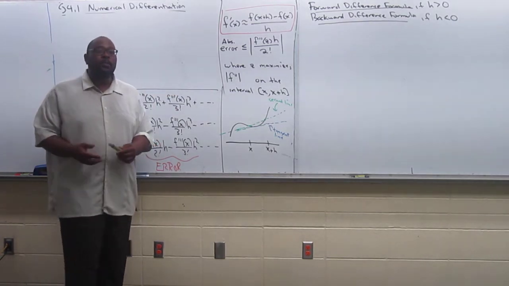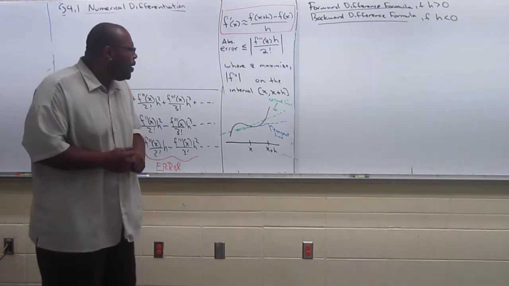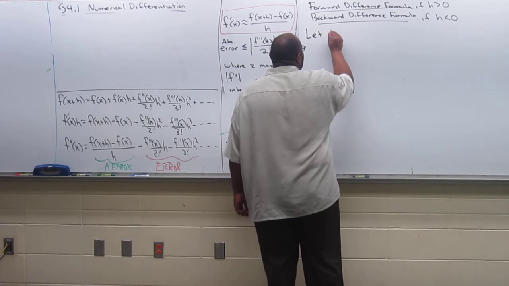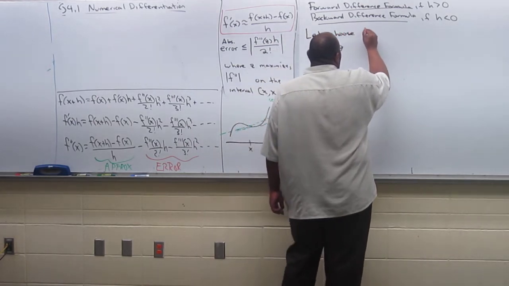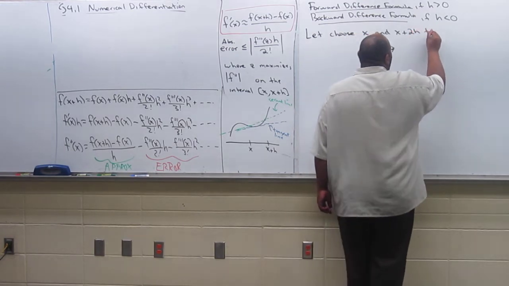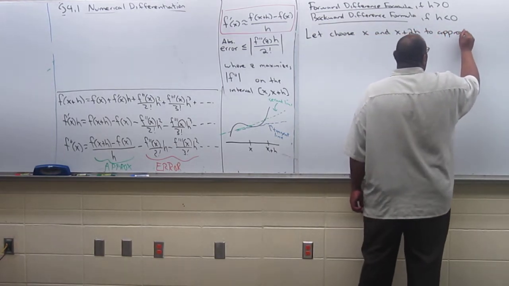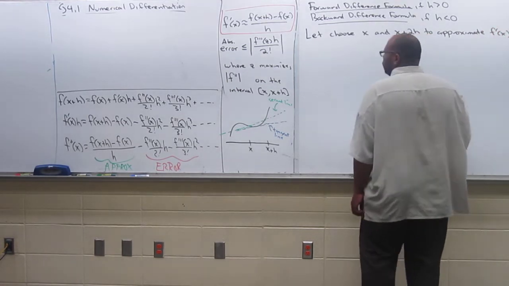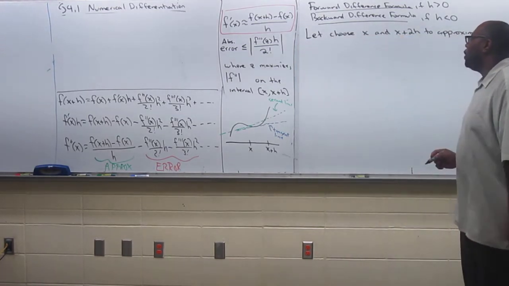So let's go back to what we were saying before. Let's choose different values. Let's choose x and x plus 2h to approximate f prime of x.